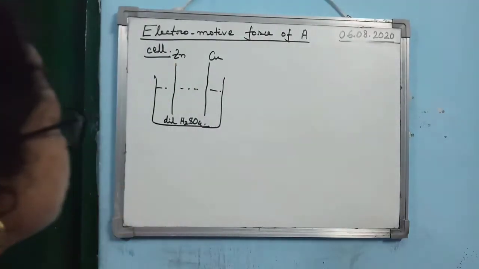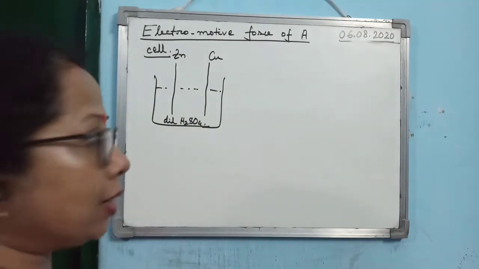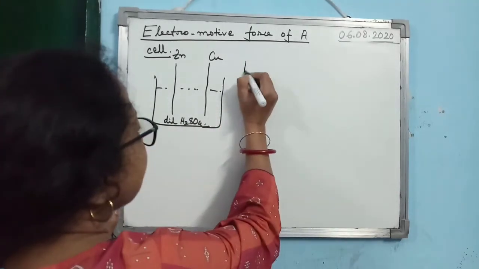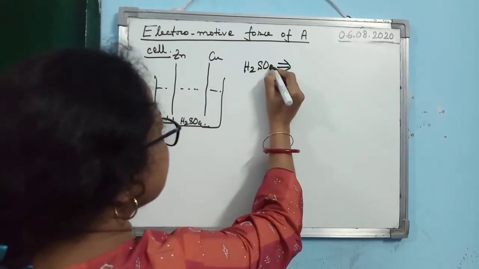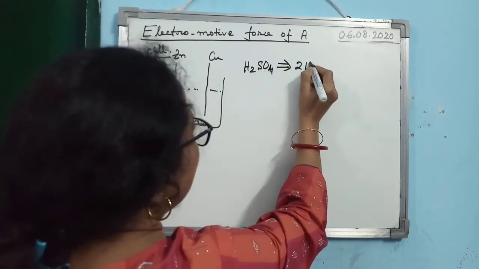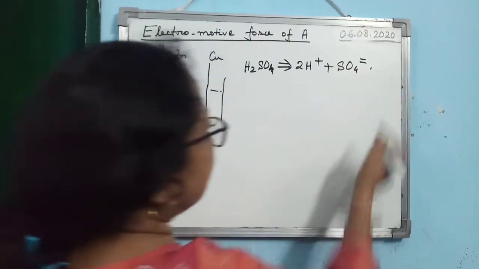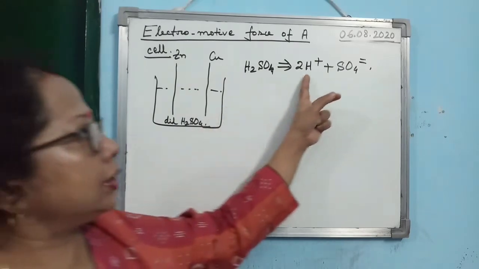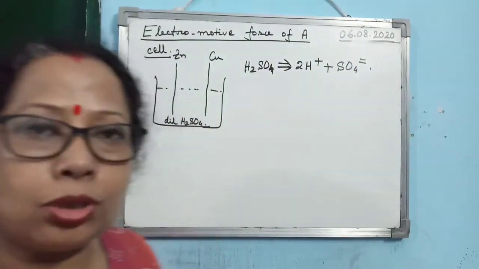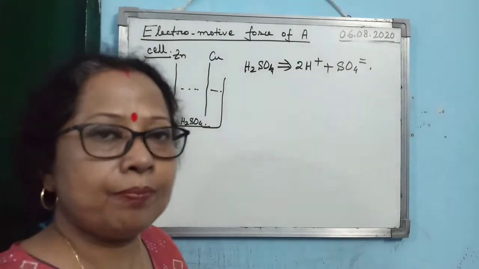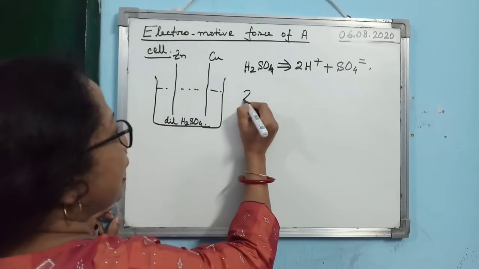Now what happens when you are dipping two different metals in the same electrolyte? Then you see the electrolyte will be dissociated into hydrogen ion and sulfate ion. There will be two hydrogen ions because hydrogen valency is 1 and sulfate valency is 2, so there will be 1 sulfate ion. Is that clear? Now, what will happen to the sulfate ion?